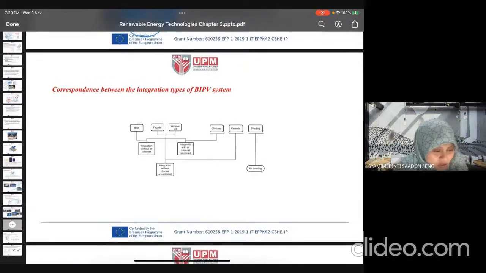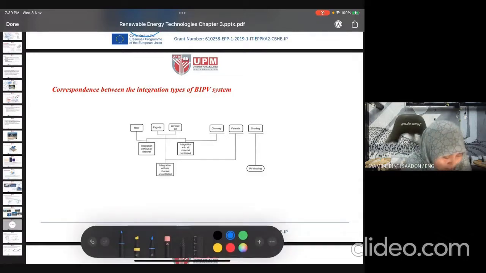So this is to summarize the types of integration of BIPV which are available. Sorry, the writing is a bit small. Normally there is the roof.